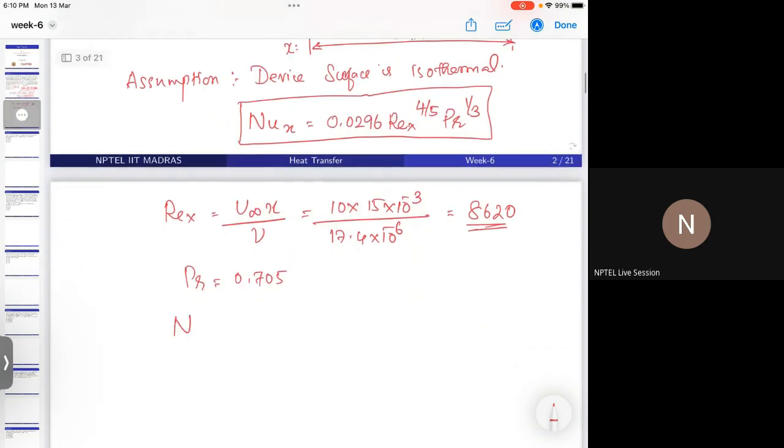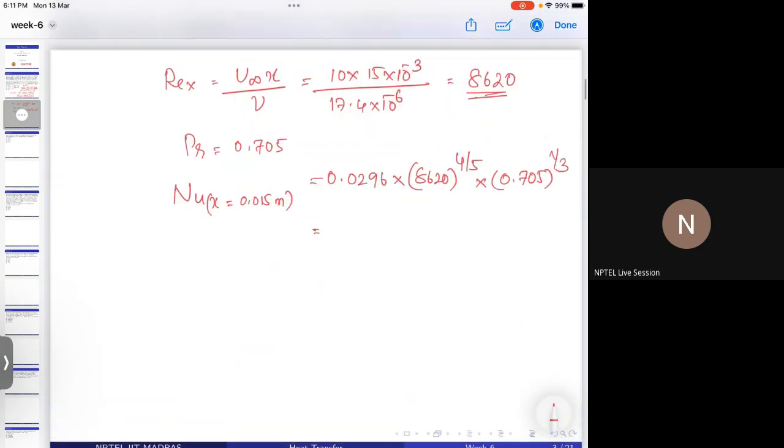So can you please find the Nusselt number at x equal to 0.015 meter, which is 0.0296 into 8620 raised to 4/5 into 0.705 raised to 1/3. I think you will get around 37.1 or something close to this.